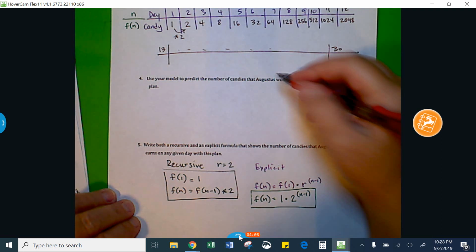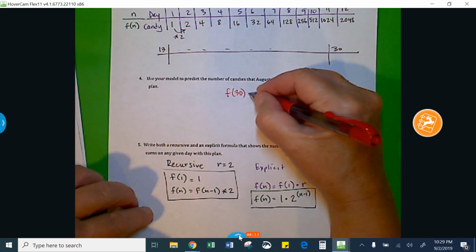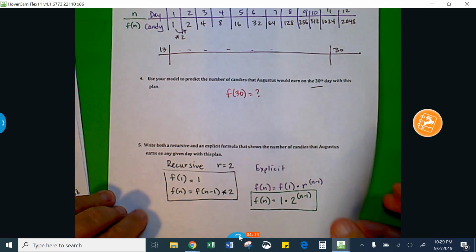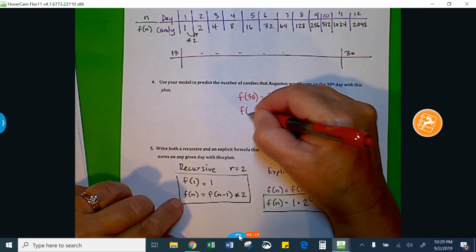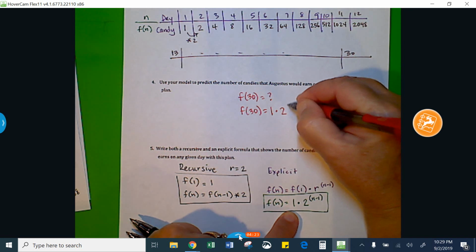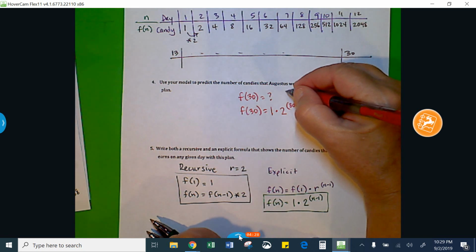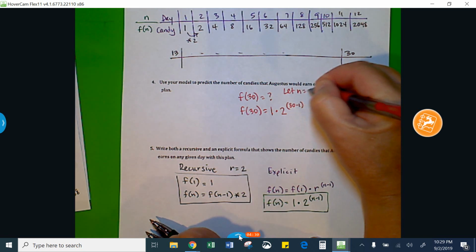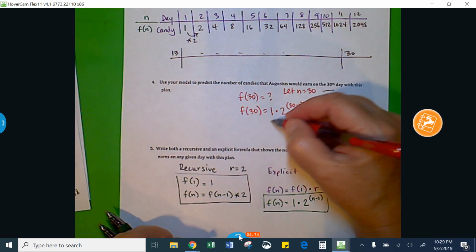Now let's use that to predict day 30. So I need to find f of 30. Using my explicit equation, f of 30 equals 1 times 2 to the power of 30 minus 1. You're just replacing n with 30 in the equation. And now we can solve this.